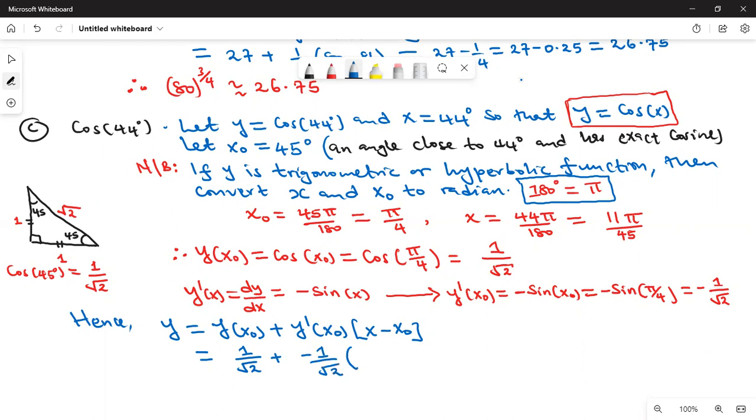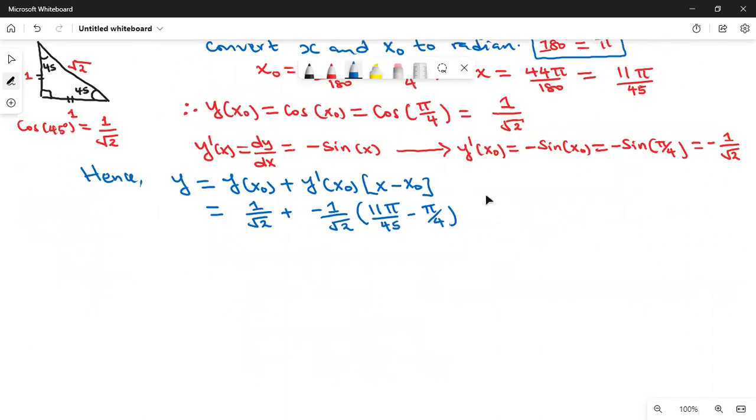Our x is, in terms of radians, 11 pi over 45, minus our x naught, we got pi over 4. So we have that. And now you can simplify this.